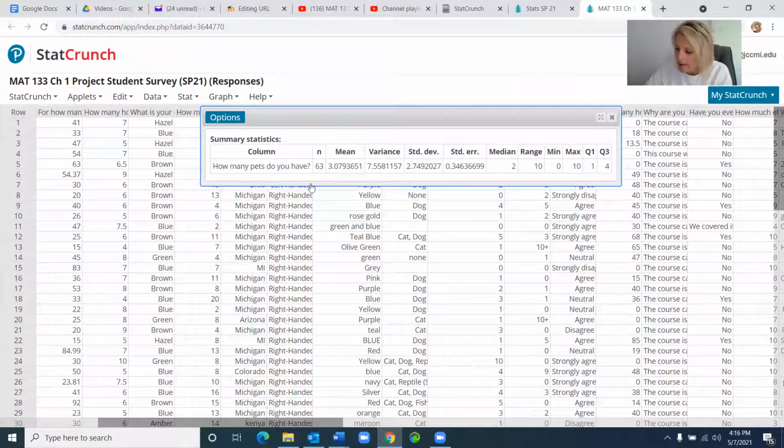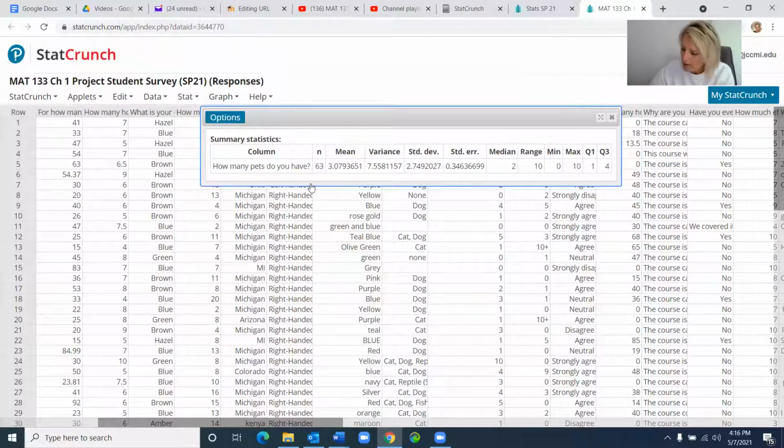So the little n, let's write that on our paper, is 63. That means there were 63 people that answered this question. And the mean is 3.079.